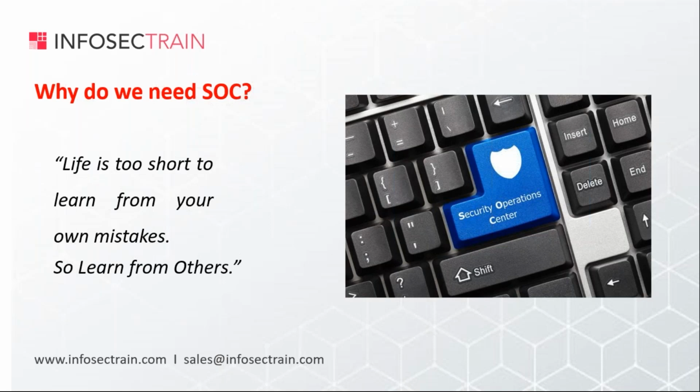So a SOC can help us identify and respond to threats much faster than they could on their own, because it reduces the risk of data breaches and security incidents in a very simple way.